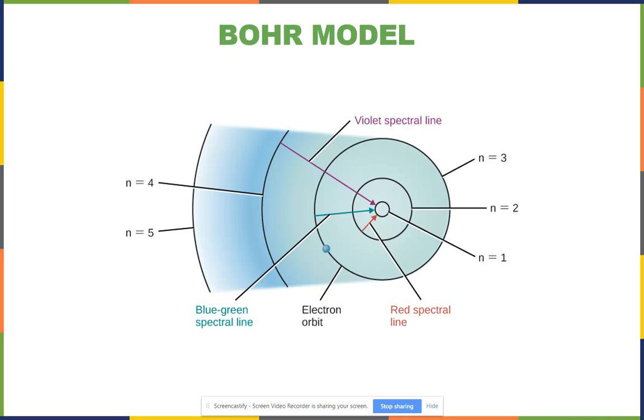So with atoms, Bohr said, when the electron falls to a lower energy level, it's going to have energy conserved. So if an electron goes from, let's say, here down to here, then it's going to have some energy that's released. He said that's just going to be released in the form of light.